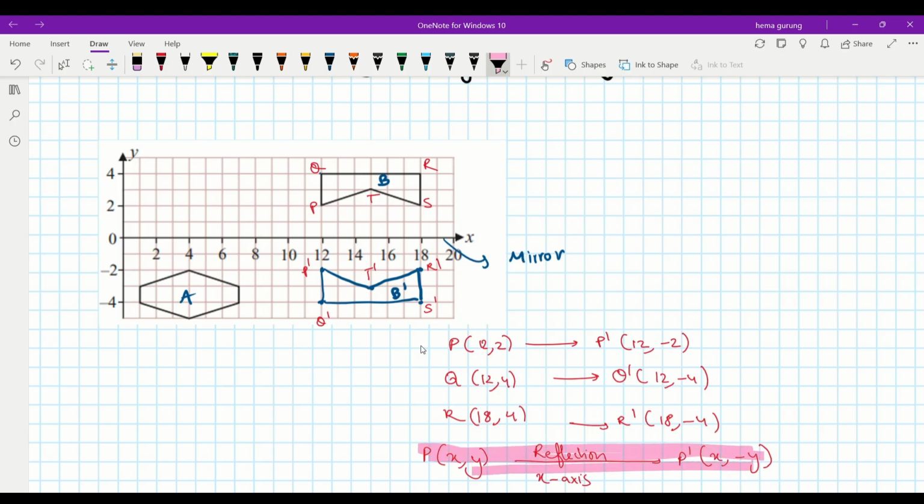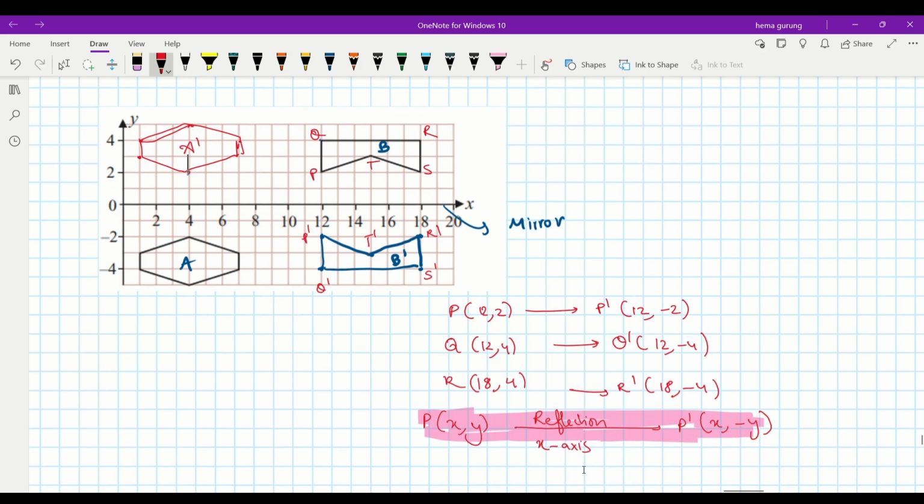That's the formula which you have to remember. So you can directly flip here, 3, 3, this and this. You'll get the image, which is the flipped one. Yeah, this is A prime. So that's about the reflection in the x-axis and y-axis.